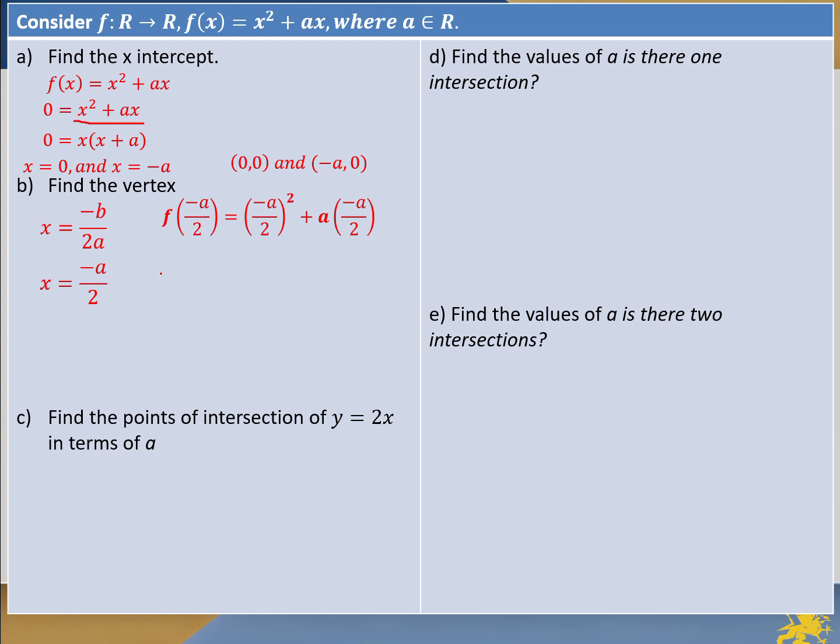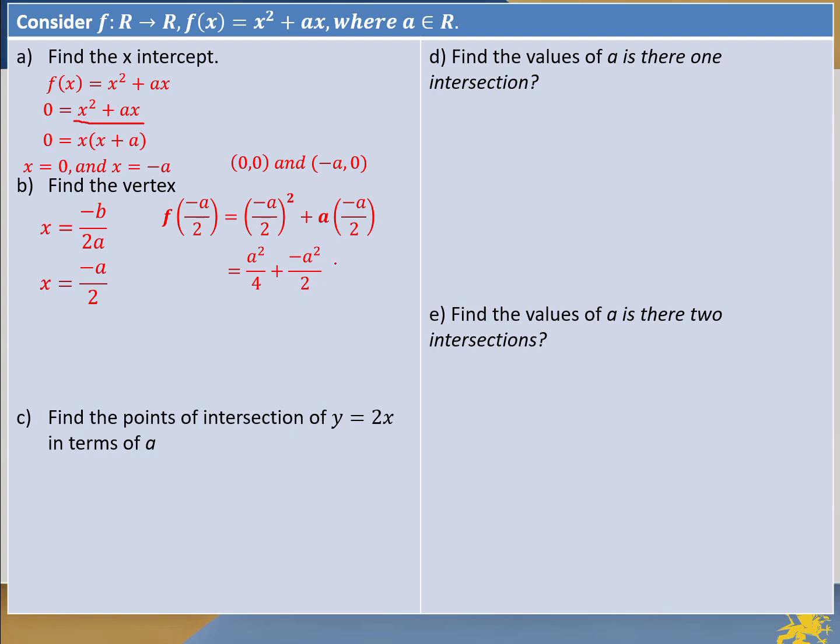If I substitute it in, then I've got negative a over 2 squared. Remember, that will be negative a times negative a, so that will be a positive a squared, and 2 squared is 4. Likewise, on the second term, a times negative a is negative a squared, and then just 2. When we're adding fractions, you need to make sure the denominators are the same.